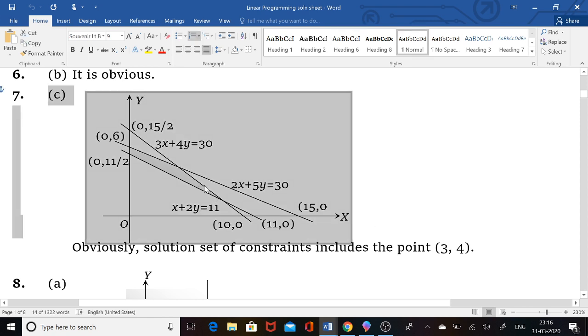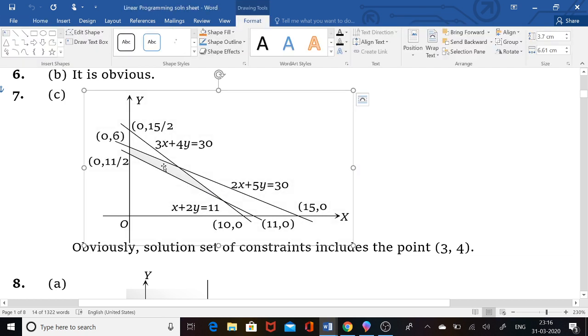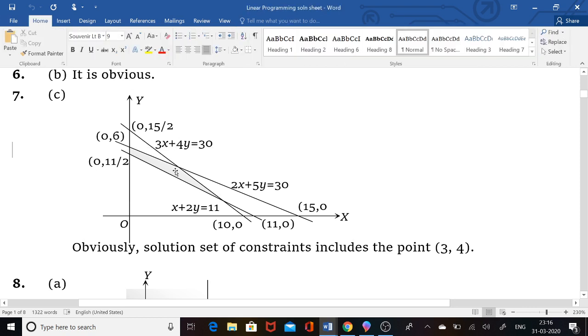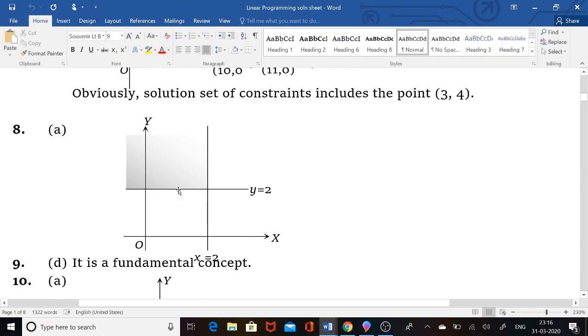The region is like this, so obviously this is the shaded region, and 3 comma 4 is included in this part. Eight is A, it is going away from the origin.